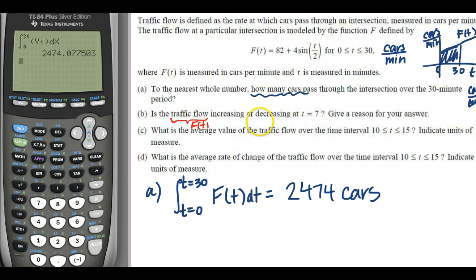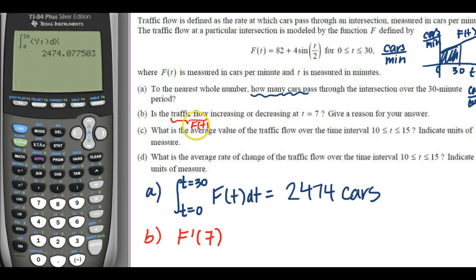Now this takes us back to remembering that a function is increasing when its derivative is positive. So we're looking at the specific value right here at t equals 7. For part B, we need to determine the sign, positive or negative, of f prime of 7.